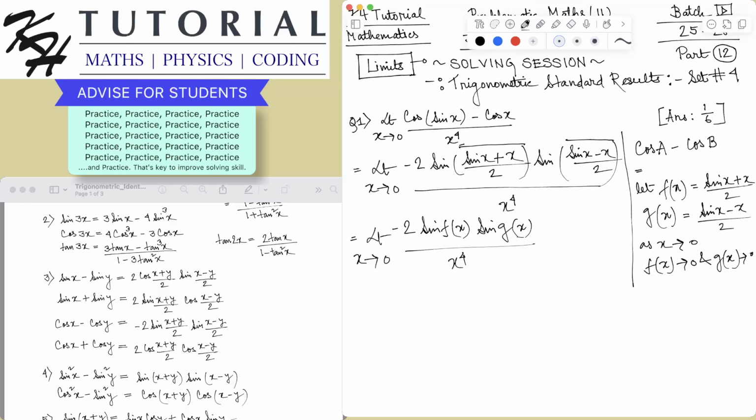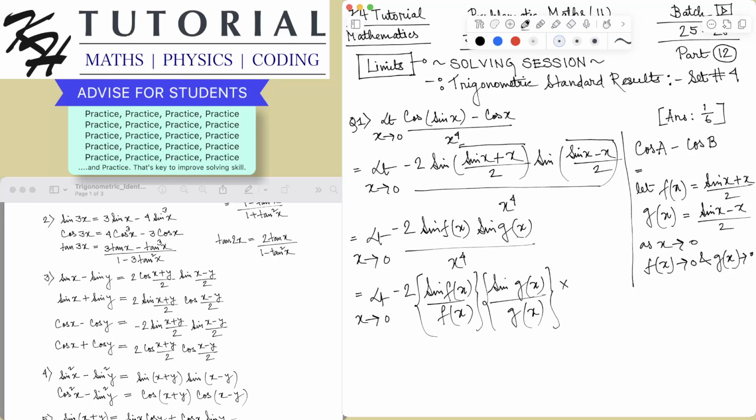Now I will create the standard form sin x by x: limit x tending to 0 of minus 2 times sin f(x) by f(x), and then sin g(x) by g(x). So I have introduced f(x) and g(x) in the denominators and I have to adjust them: f(x) multiplied by g(x) divided by x to the power 4.